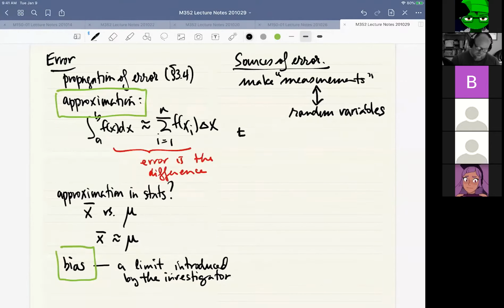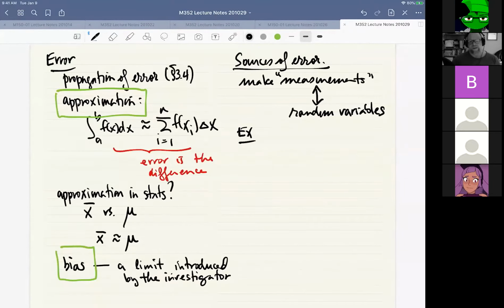So I want you to take a second and think about what kind of measurements one could make that would lend themselves to a statistical analysis.